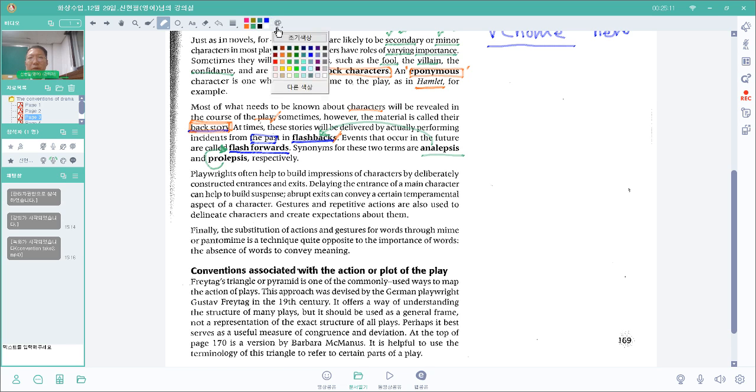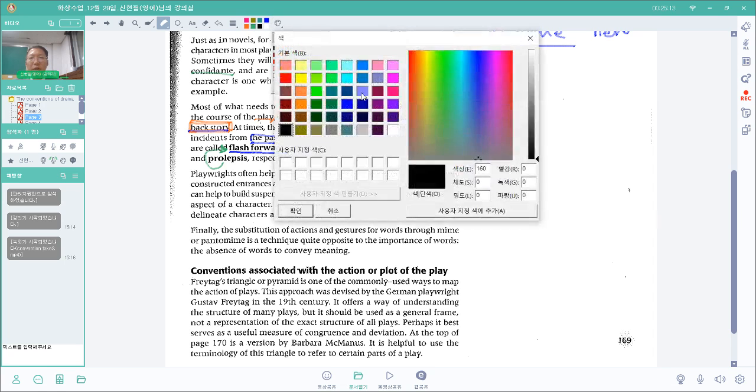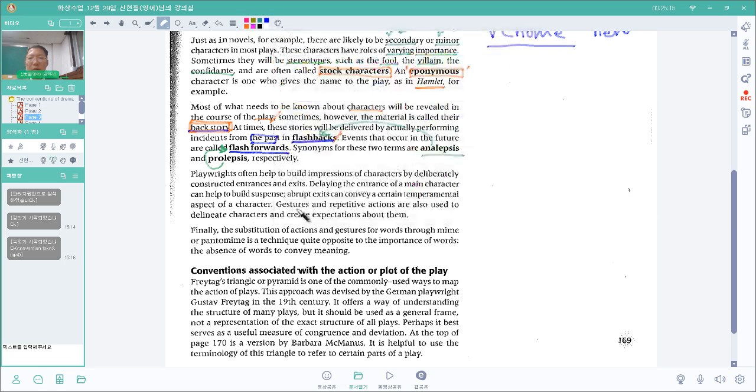Sometimes the writers manipulate the entrance and exit points of a main character. They deliberately manipulate the entrance and exit of our main character, and delaying the entrance of a main character can help to build suspense. If you delay the introduction or entrance of a main character, you can make suspense.